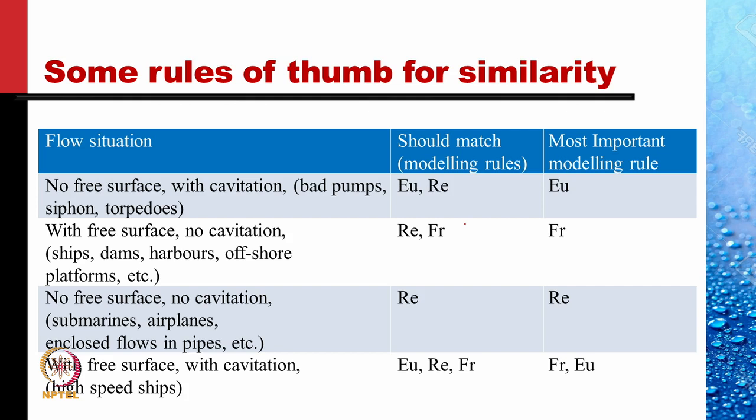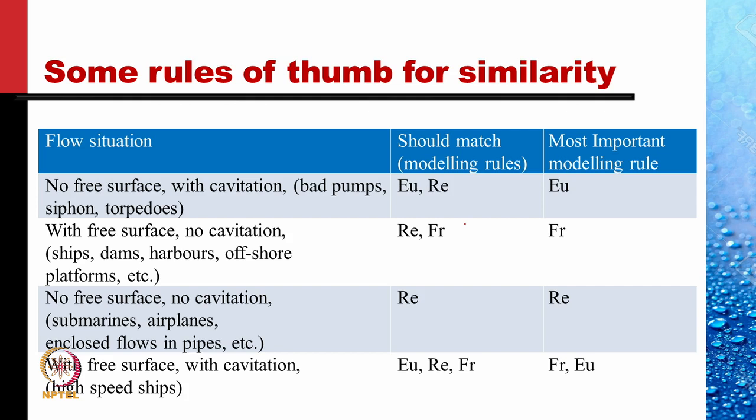The third case that we discussed, there is no free surface, there is no cavitation. Deep submarines, airplanes, enclosed closed pipes, etc. Neither the Euler number nor the Froude number are important, and we need to match only the Reynolds number.